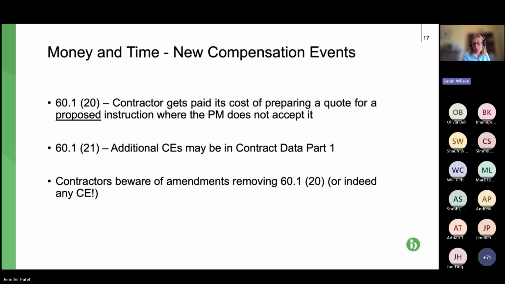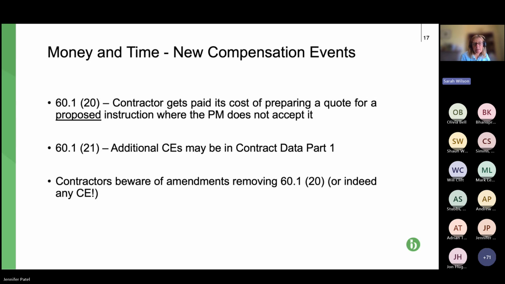So again, proposed instructions are used in a fairly limited way. I've seen them, and when they're used, they tend to be used extensively. But yeah, on most projects, they don't seem to be used.